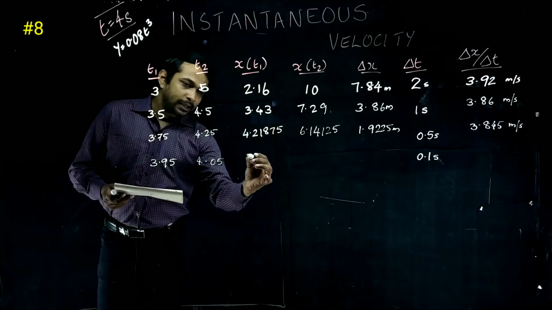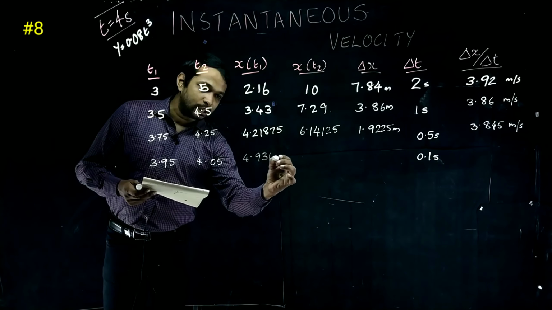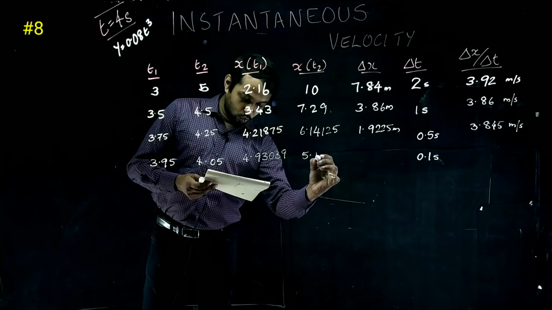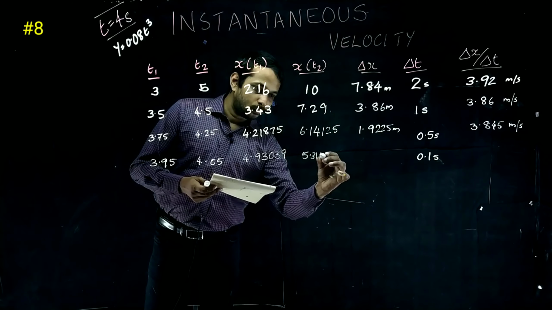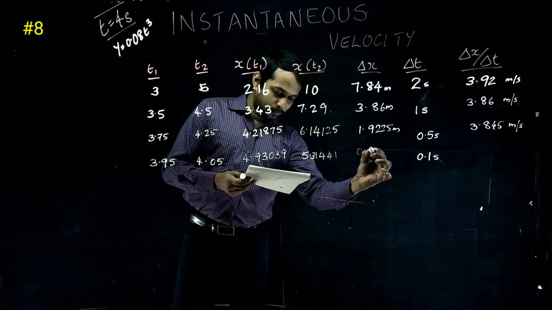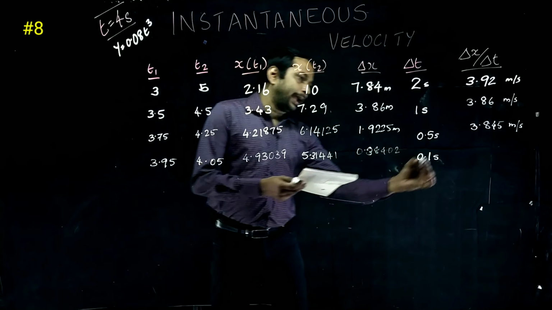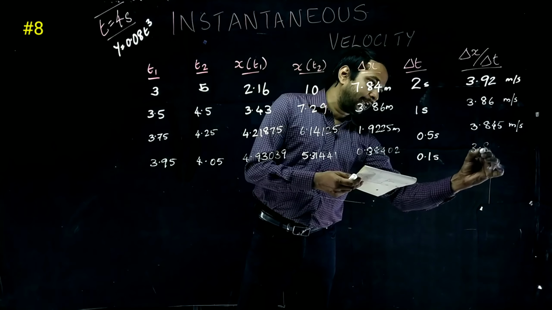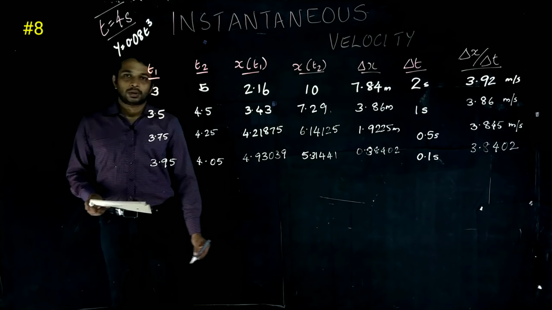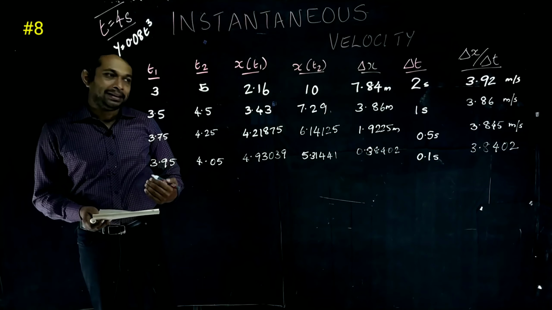Correspondingly, substitute in the same equation: 4.93039 and 5.31441. The distance traveled is 0.38402 and the velocity is 3.8402. Now let's narrow it down again.